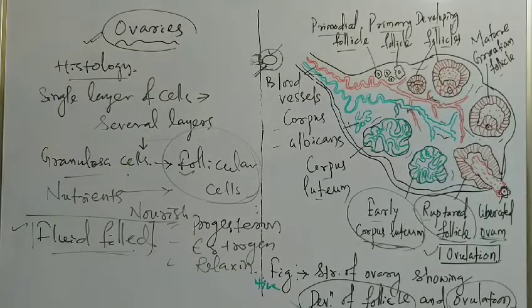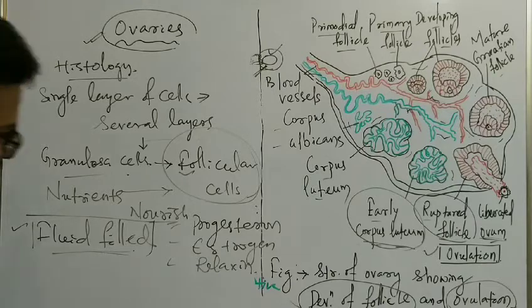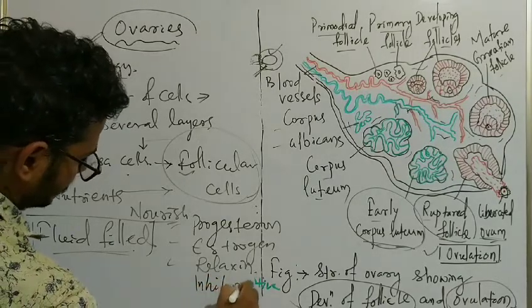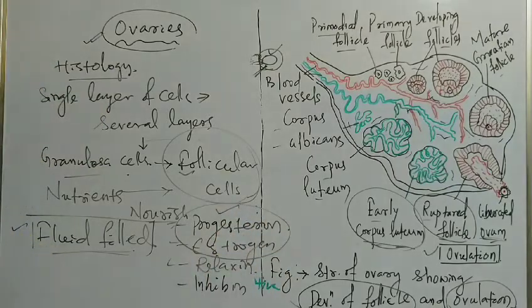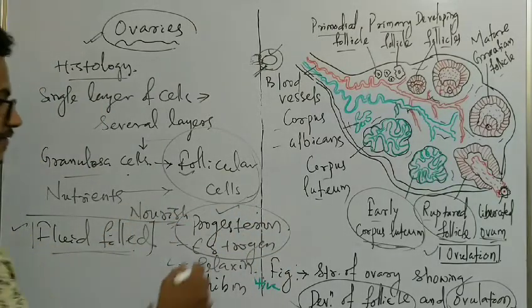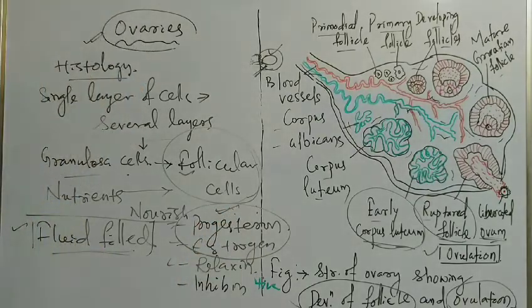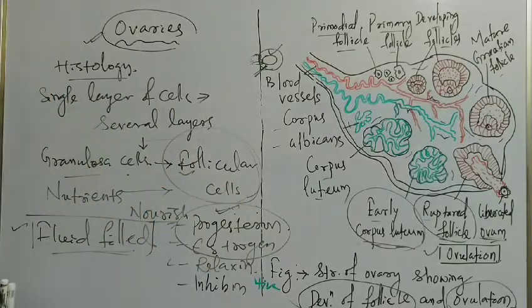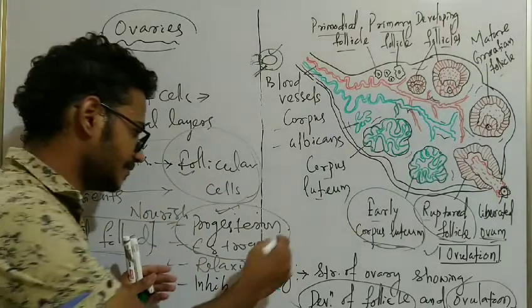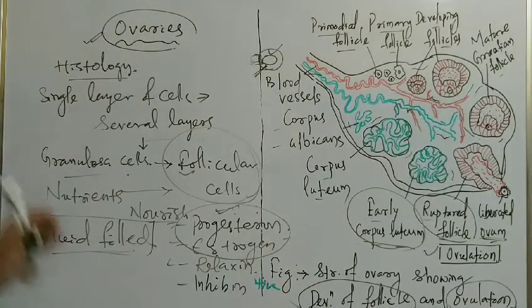Okay, so progesterone, estrogen, relaxin, and it also secretes inhibin. Progesterone and estrogen are the female sex hormones. They have an important role in the development of the different reproductive structures as well as all the activities in the female body. So all these hormones are secreted here.